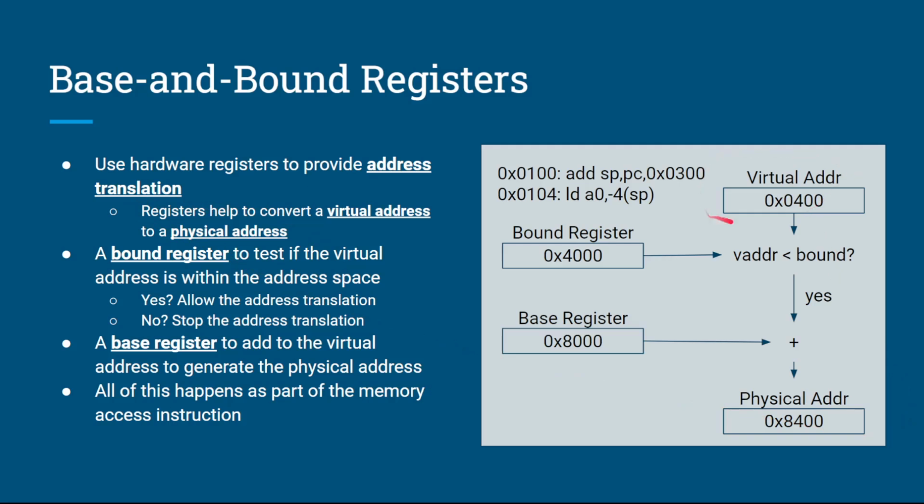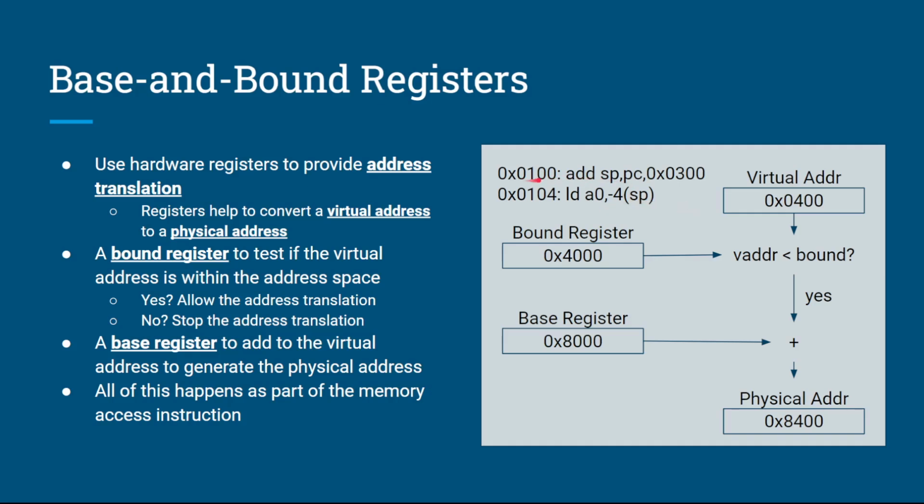So we're going to take a virtual address, and take this little bit of code here, which starts at address 100 and then performs a load operation at 104. What it's doing is adding the program counter and 300 and storing it into the stack pointer. Then the stack pointer is accessing a relative offset of -4, and it's trying to load this memory.